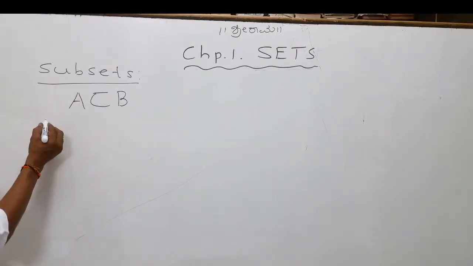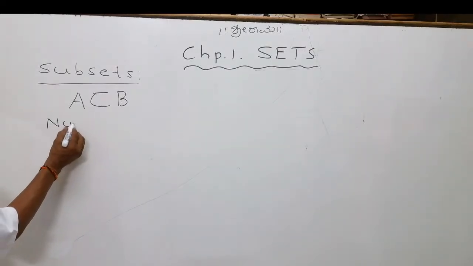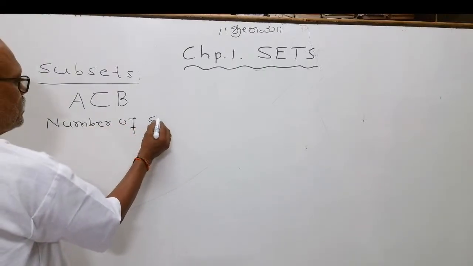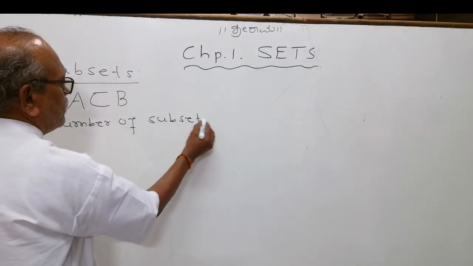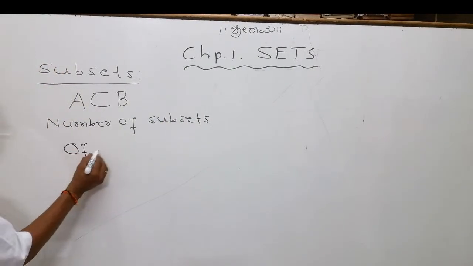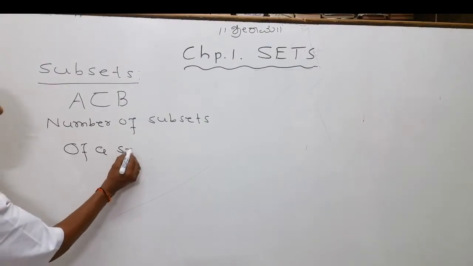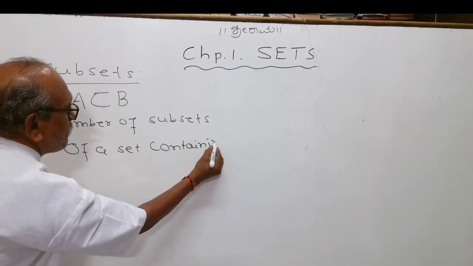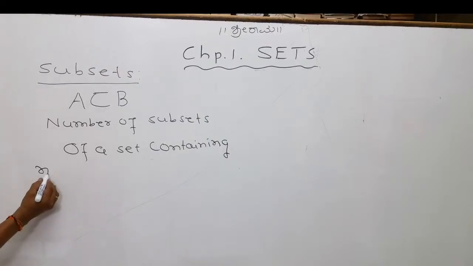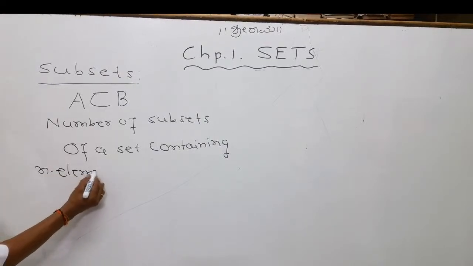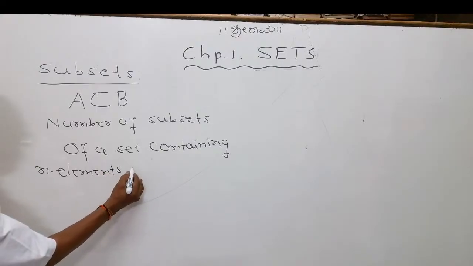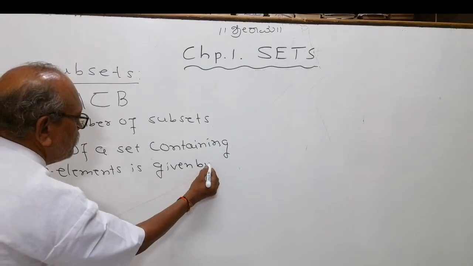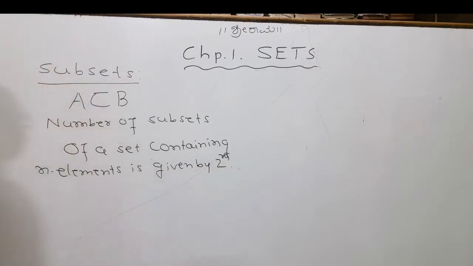And also we learned, remember the formula, the number of subsets of a set containing n elements is given by 2 raised to n, right?